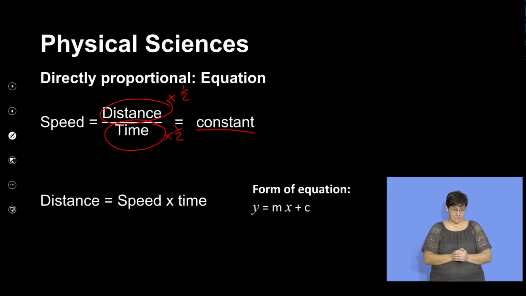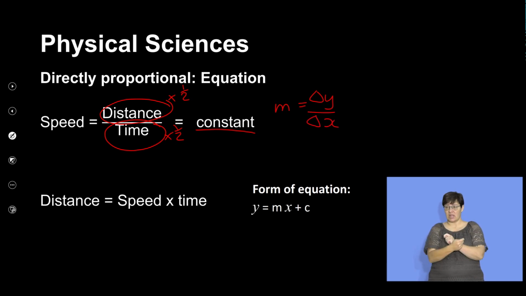This isn't in the form of y equals mx plus c. It's just in the form of a constant gradient. It's in the form where we're showing the gradient is the change in y over the change in x. But we can unwrap that. We can multiply through some things, and we can get distance on its own. So we're going to say, let's make distance, which was the dependent variable, is equal to the speed, which is the constant.